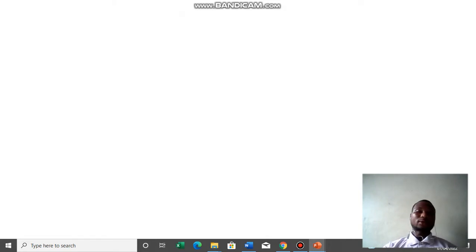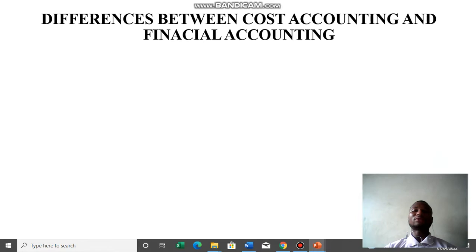Let us take a look at the difference between cost accounting and financial accounting. When we talk of cost accounting, we are looking at expenditures associated with activities in the organization.